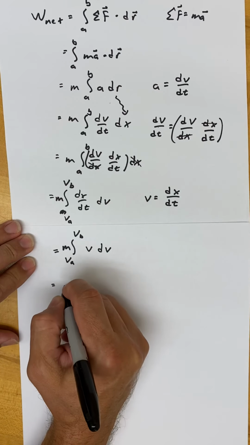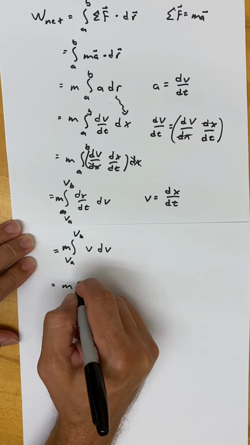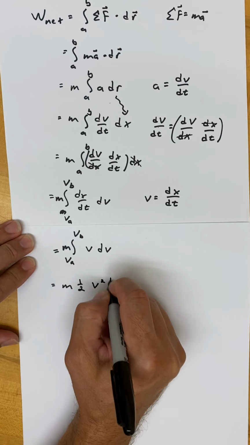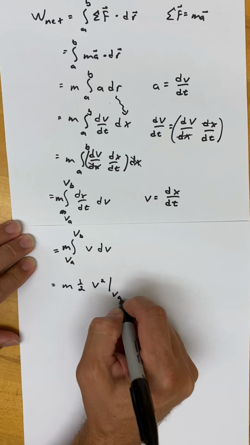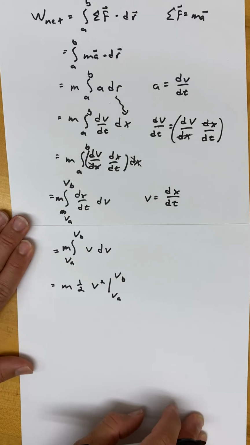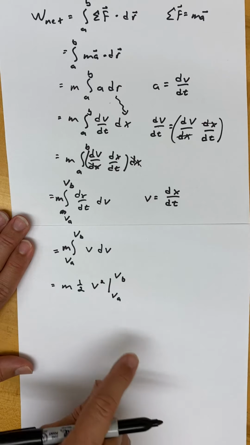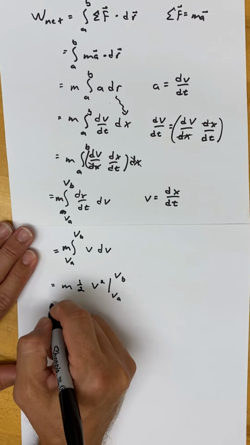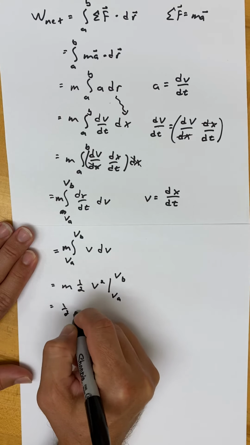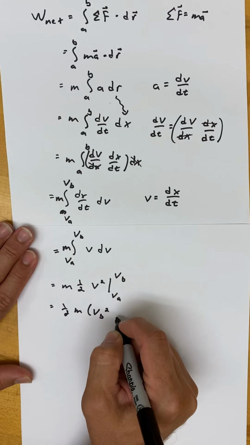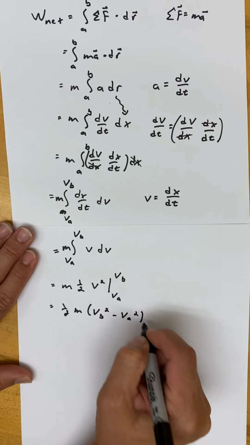So what I'm going to get is m times 1/2 v squared evaluated from VA to VB. Let me put this in. What I get here is 1/2 m times (VB squared minus VA squared).